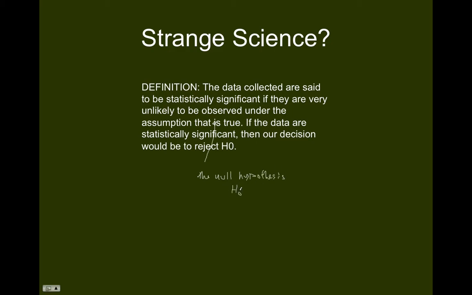Or we could just insert an H naught using the correct mathematical notation. So let me read this again. The data collected are said to be statistically significant if they are very unlikely to be observed under the assumption that the null hypothesis is true. If the data are statistically significant, then our decision would be to reject H naught. Okay, and that's what statistical significance means. So data are only statistically significant when the null hypothesis is rejected.